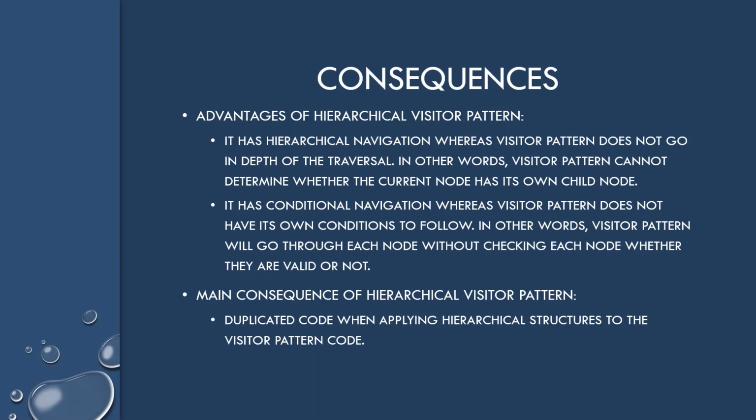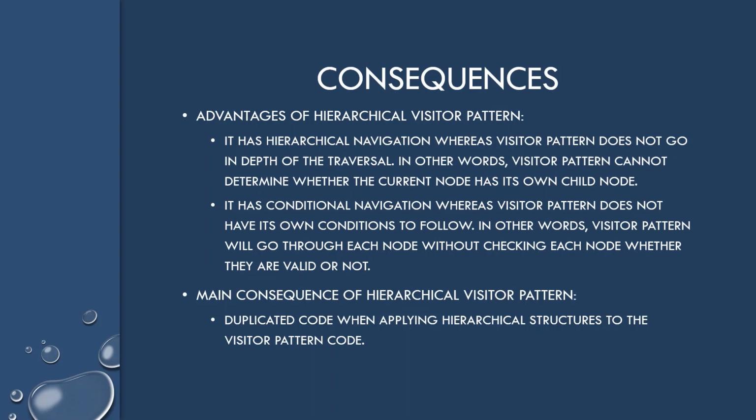Consequences. Before I explain the main consequence of the hierarchical visitor pattern, let's talk about its advantages. There are two advantages of hierarchical visitor pattern. Number one, it has hierarchical navigation, whereas visitor pattern does not go in depth of the traversal. In other words, visitor pattern cannot determine whether the current node has its own child node.